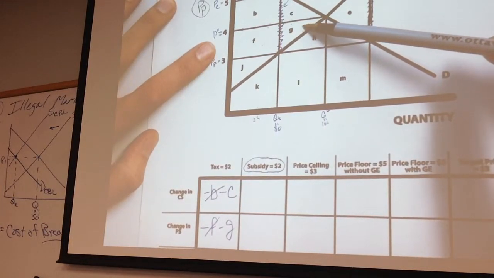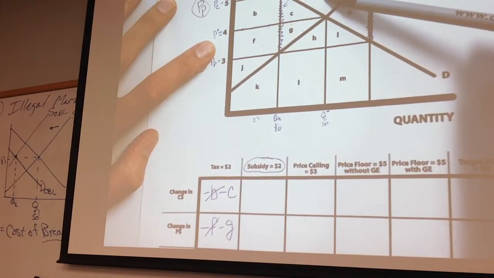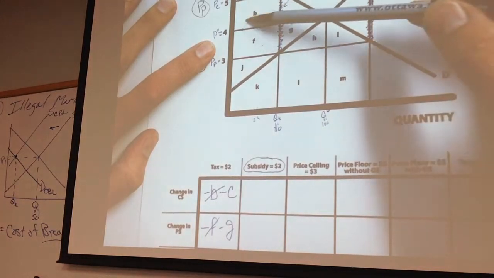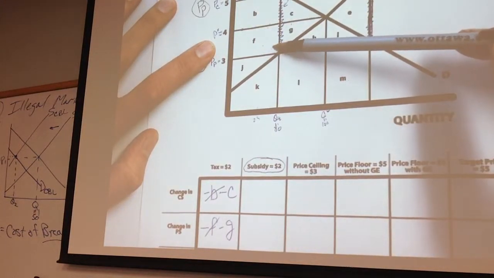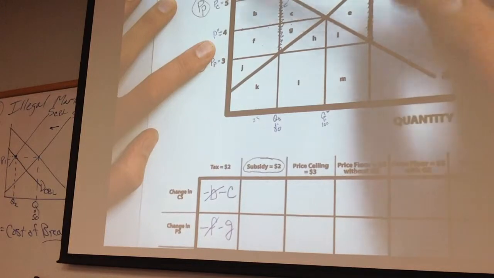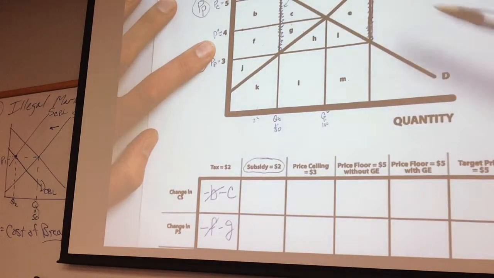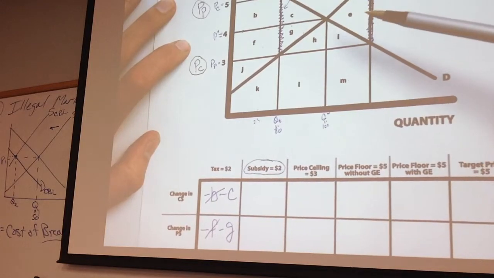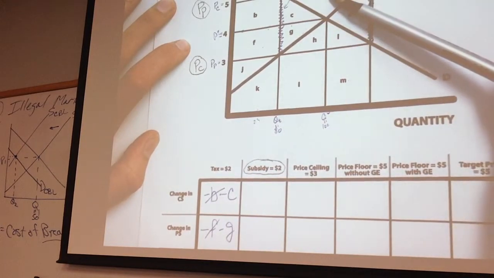No. Plus B plus F? Plus D? No. So we have ABC for starters, and now we have a subsidy. What are we adding? D? This one?